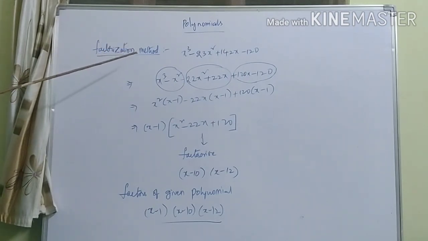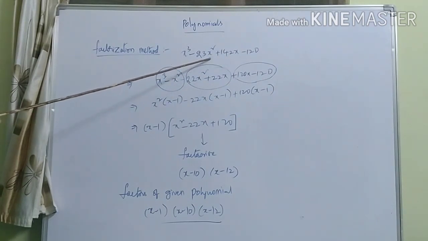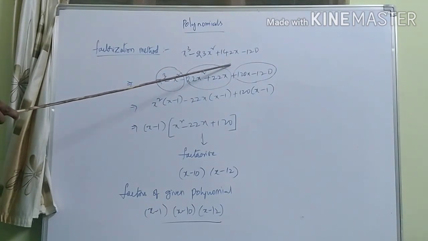So our given polynomial is a cubic polynomial. In this method we are splitting the middle terms. These are the middle terms, that is minus 23x square and 142x.